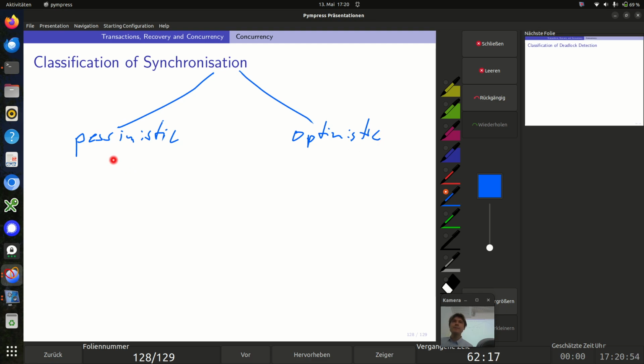And pessimistic is always with locking. So actually on my sheet it would be either timestamps or using logs. Okay.